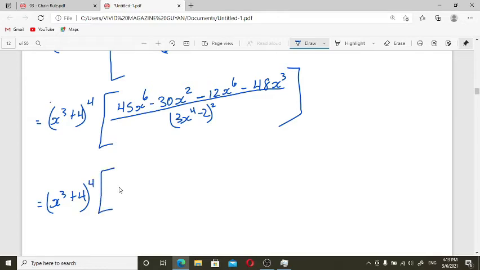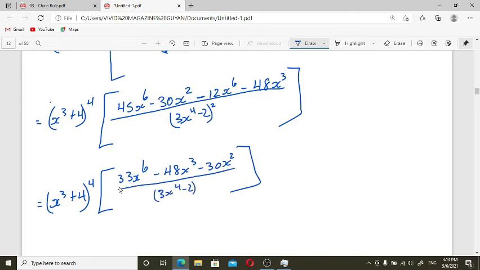So 45x to the 6 minus 12x to the 6 is going to give me 33x to the 6. Alright, keep the power struggle real. Minus 48x cubed minus 30x squared, all being divided by 3x to the 4th minus 2 squared.